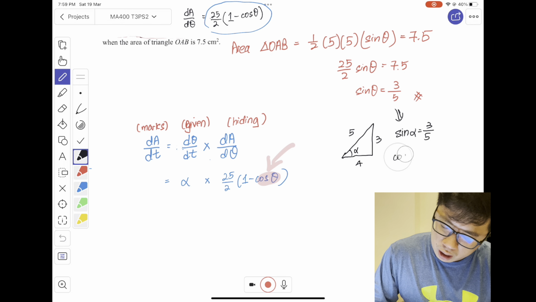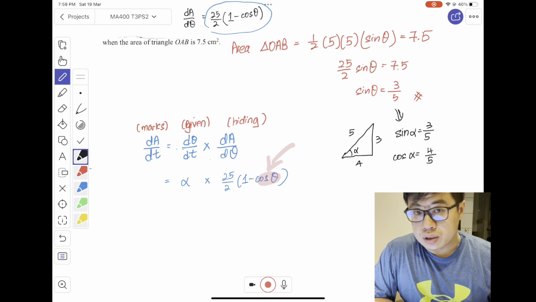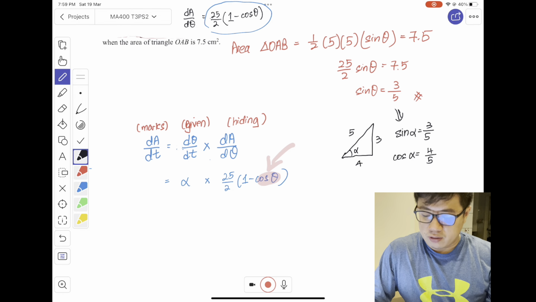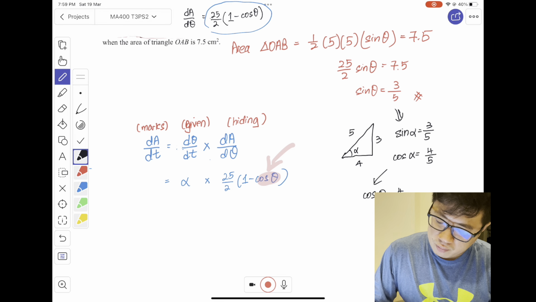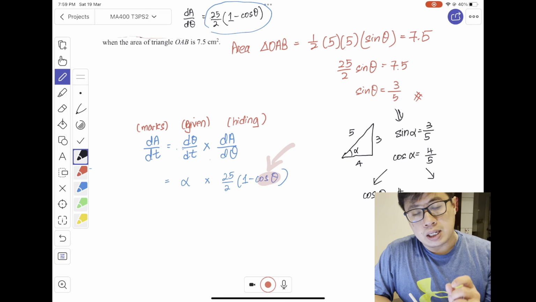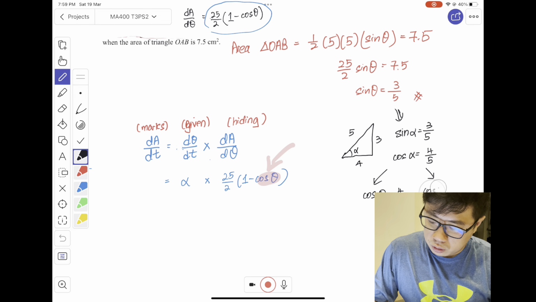So cosine alpha is 4 over 5. But that doesn't mean cosine theta is straight away 4 over 5. The first possibility is that cosine theta is 4 over 5. It can also mean that cosine theta is negative 4 over 5.